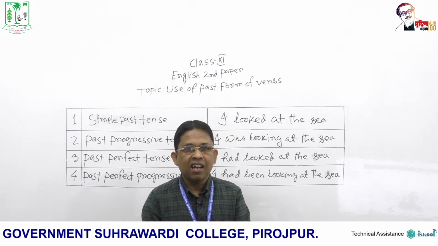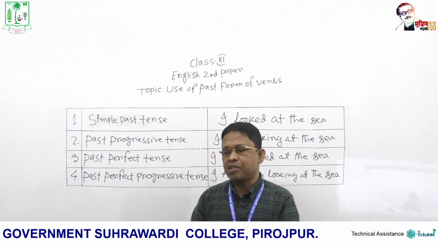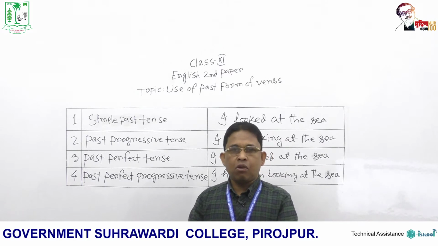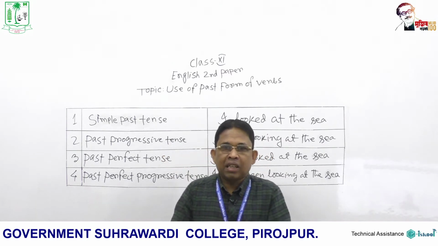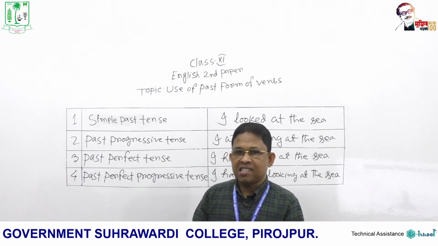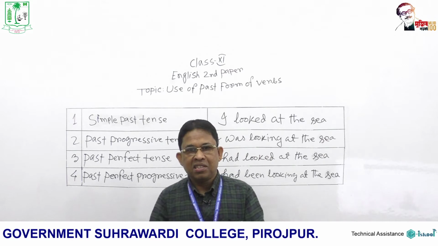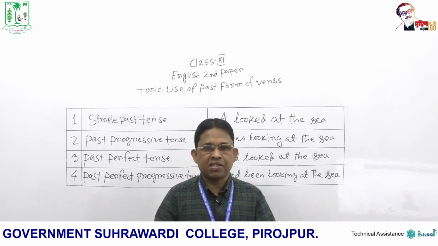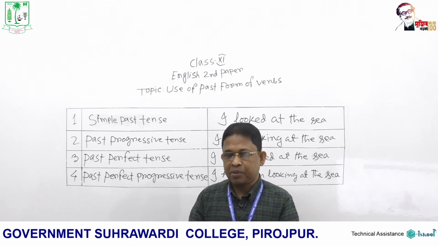So, this is a complete action. These actions, the liberation of Bangladesh or the language movement of Bengalis, took place, happened in the past, that is, all these are completed actions. That is why these are indicated by the past tense.